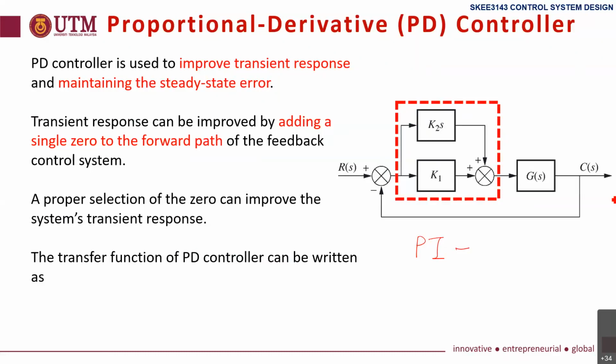So PI controller is used to improve steady state error. Okay, usually we want steady state error to be 0. Then we have to increase the system type. And also we want to maintain the transient response.